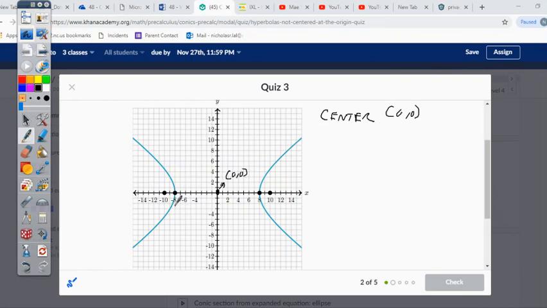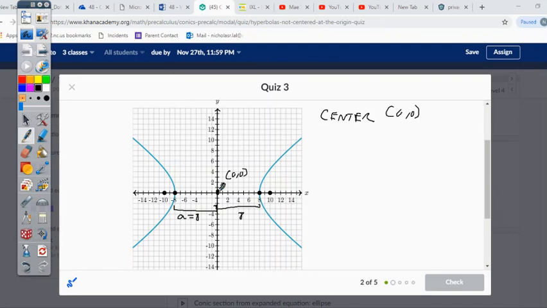We know because our vertices have to be equidistant from the center. And so that means this is 8. So remember, a is equal to 8. This length is 8. This length is 8.